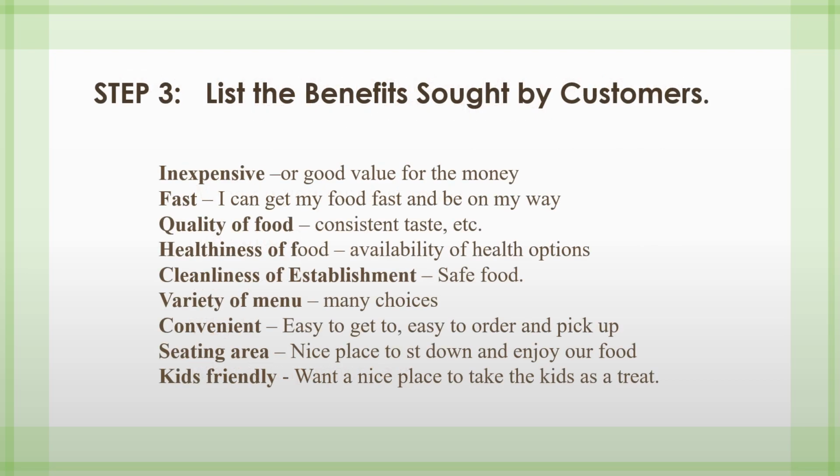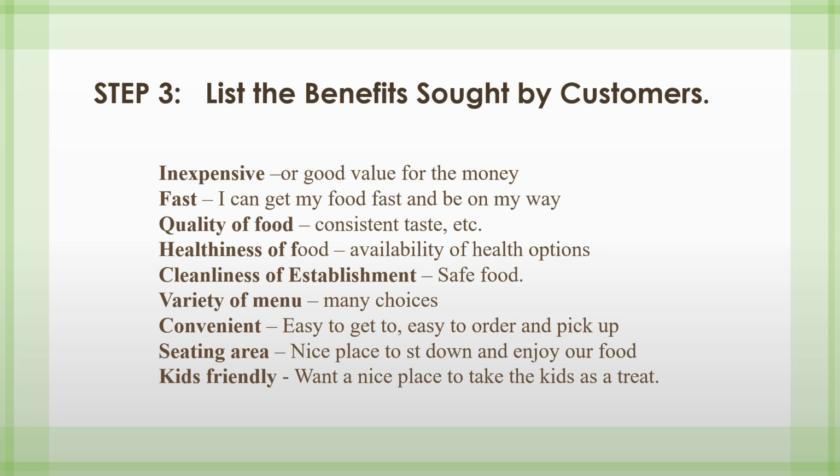Step 3 is the list of benefits sought by customers. So I've listed some of the benefits that people might want when they go to a fast food restaurant. They might be interested in inexpensive food. Fast, that is, the food is there as soon as they order it. They might be interested in the quality of the food, the consistency of the taste. They might be interested in the healthiness of the food, that is, available healthy options, perhaps a fruit cup being substituted for French fries.